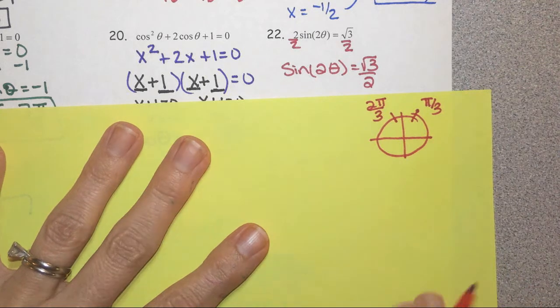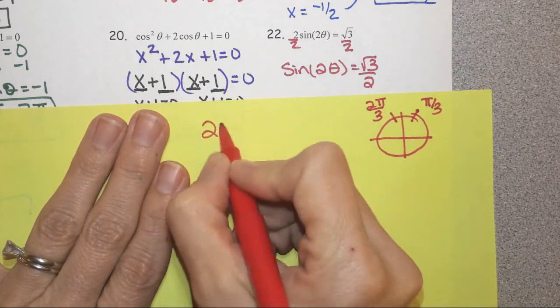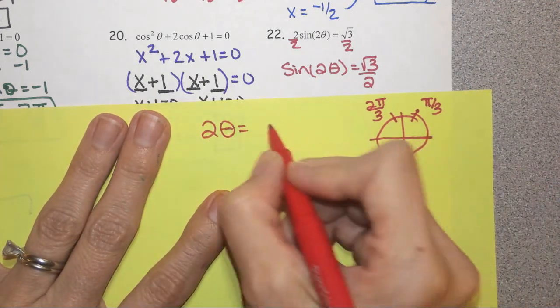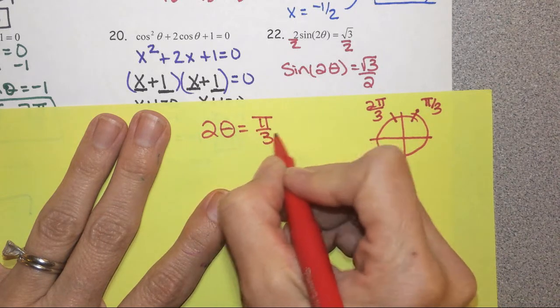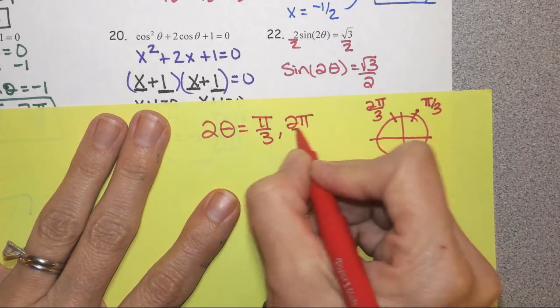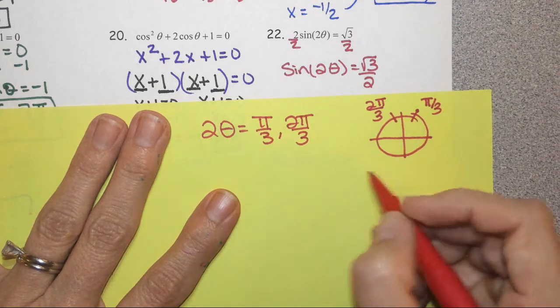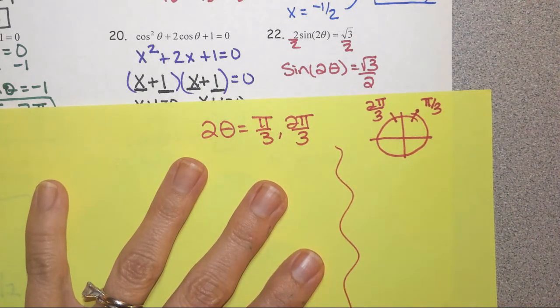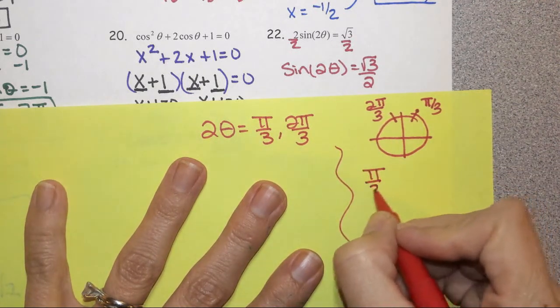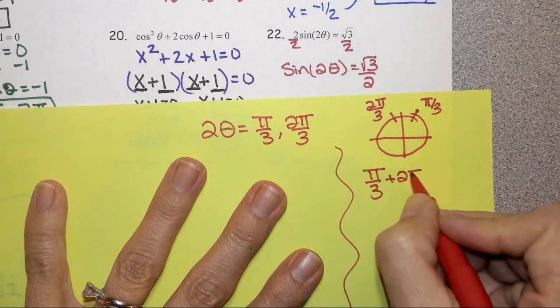So that's my first answer. So I'm going to write down 2 theta equals pi over 3 and 2 pi over 3. And then I have to go add 2 pi to both of these answers.